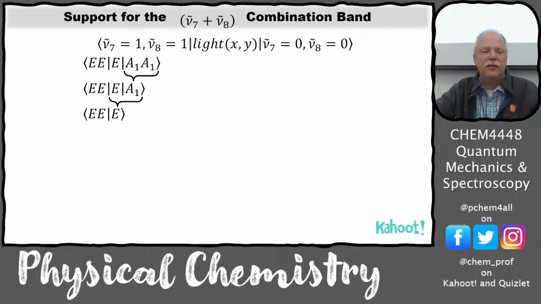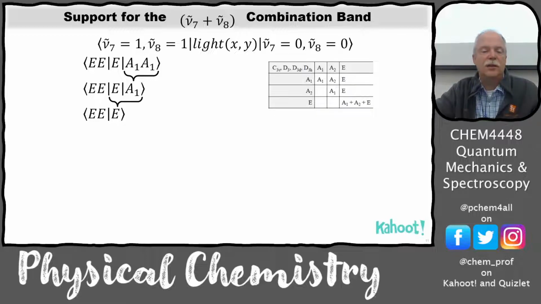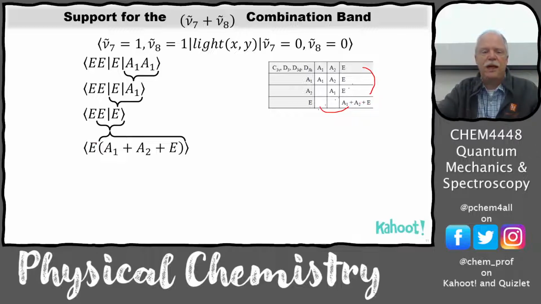And now it's interesting, we have 3 E's. The first two are straightforward. Again, E times E gives us this square right here, A1 plus A2 plus E. And now we have E, and it's just math. It's distributed through the parentheses. So it's E times every one of those pieces.